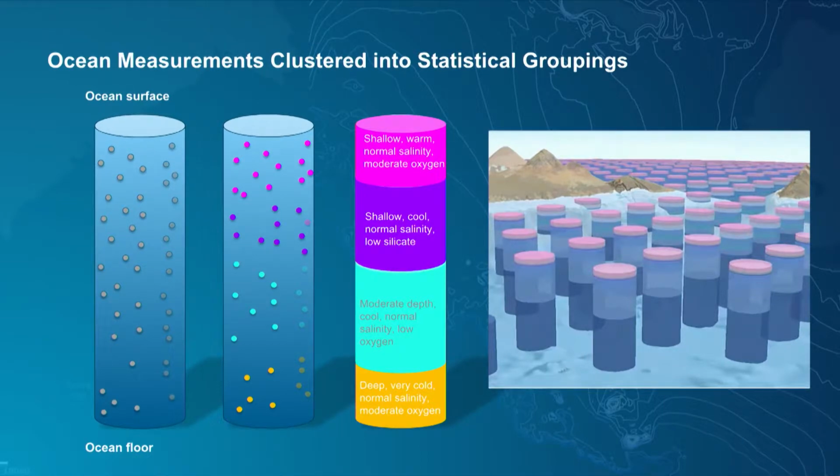What you end up with is, if you imagine 52 million columns across the ocean that have been characterized in this way, you have a multi-dimensional data set. You have both a column of water where you can traverse the depth and see how things change, and then you can also go across and see how the layers themselves change with geography and location.